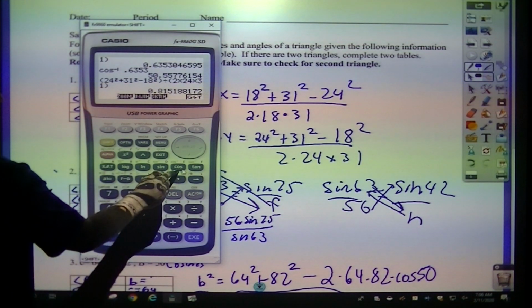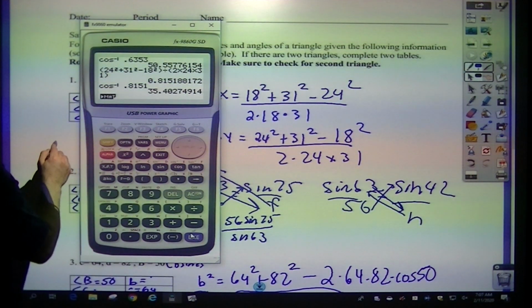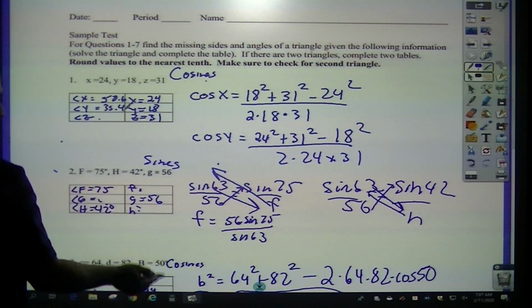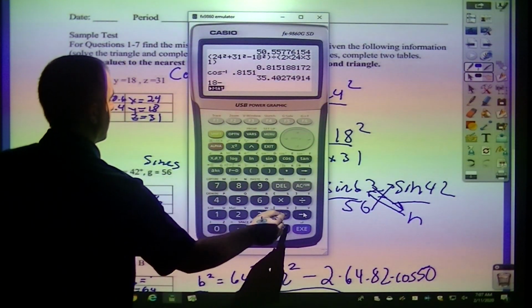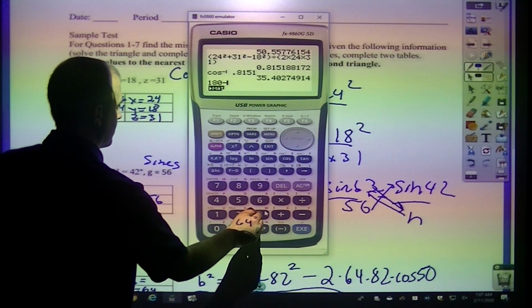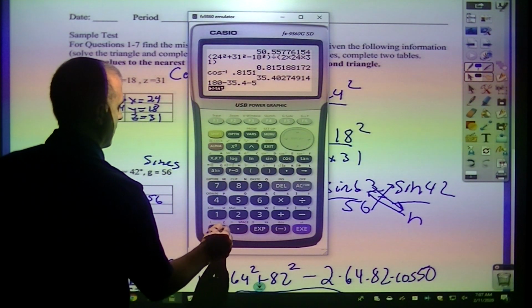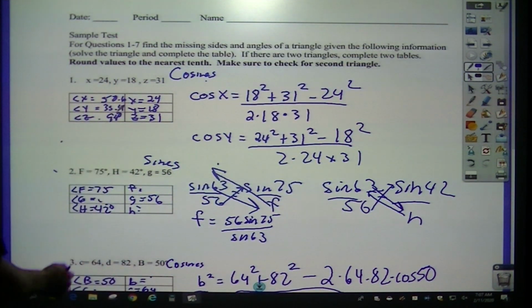Do the inverse cosine, and I get 35.4. Then very simply I just take those two amounts and subtract them from 180 to find the remaining angle, which would be 94 degrees.